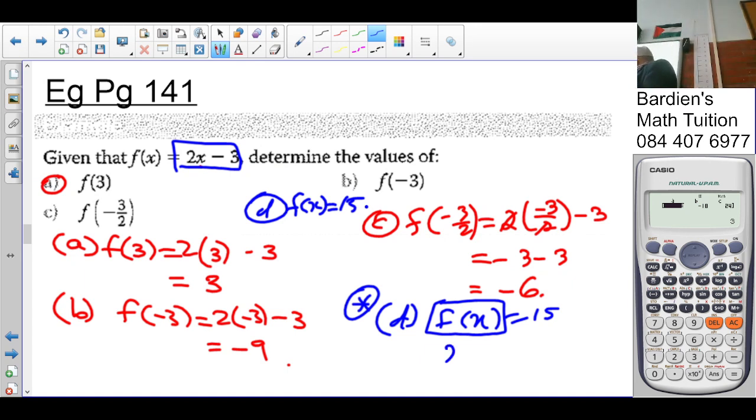So f of x, which is 2x minus 3, is equal to 15. So what do I do from here? Solve for x. 15 plus 3 gives 18. 18 divided by 2 is 9.